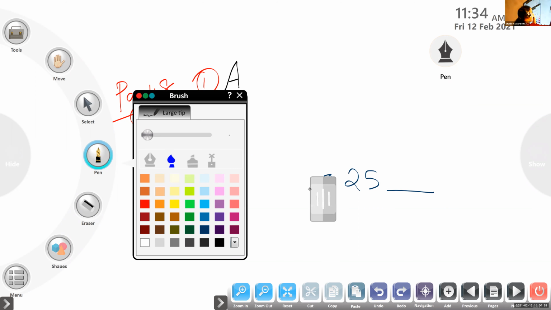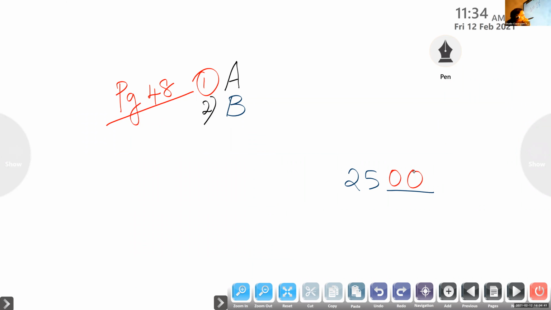We have to add 2 more zeros. To make rupees into paise, we add 2 zeros. So which is the option? Option D. So this is 2, 5 and 2 more 0, that is 2,500.